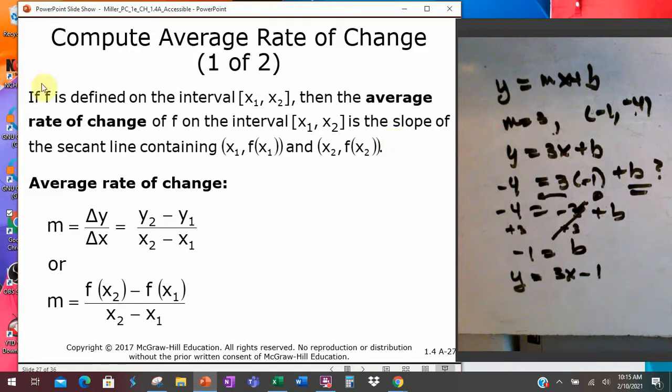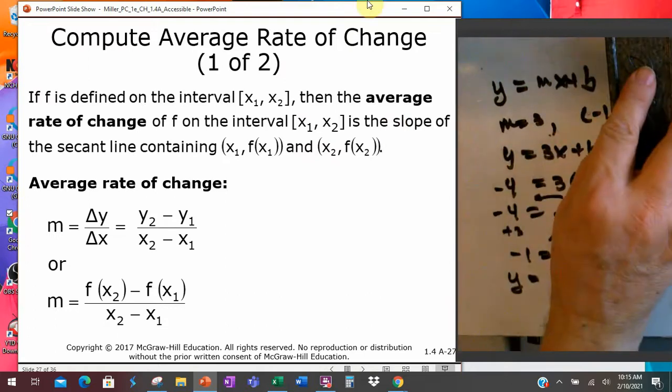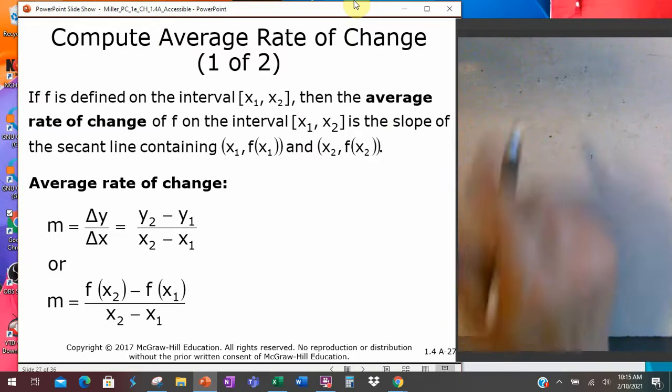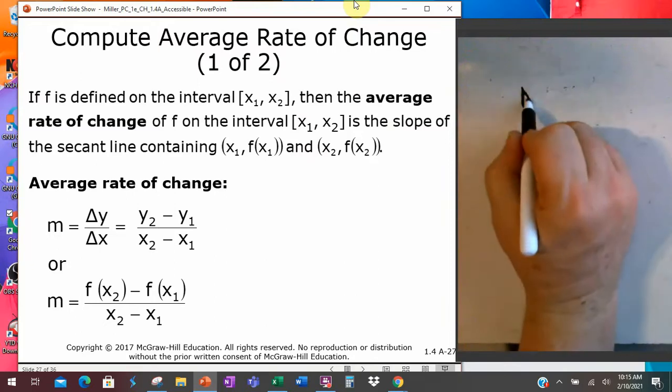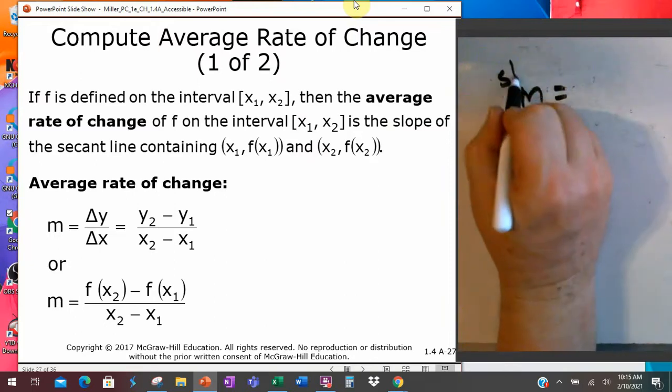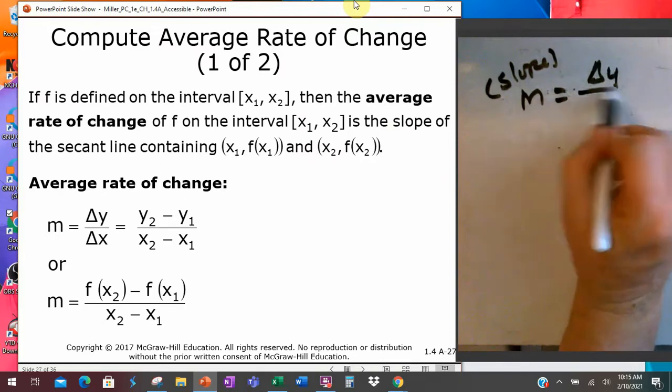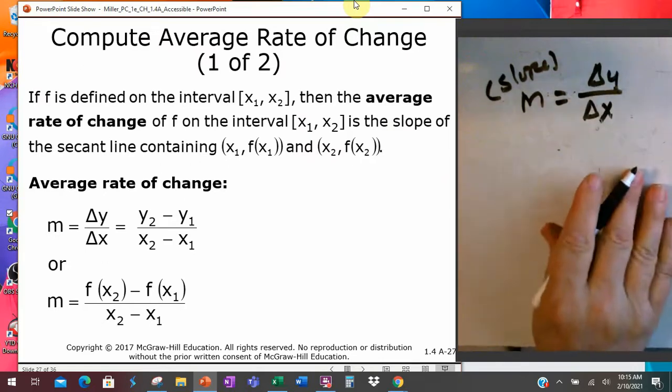So we just did this. It's just a different name and a different way of doing it and a different way of defining it. The slope is what they're talking about here, but I'm going to use a different terminology. The slope is equal to delta y over delta x.